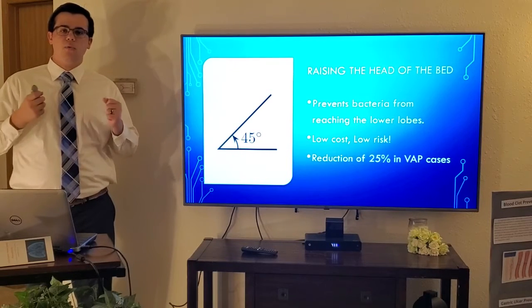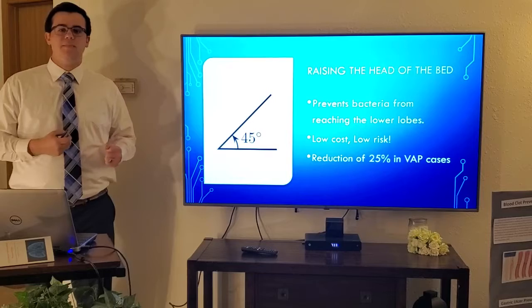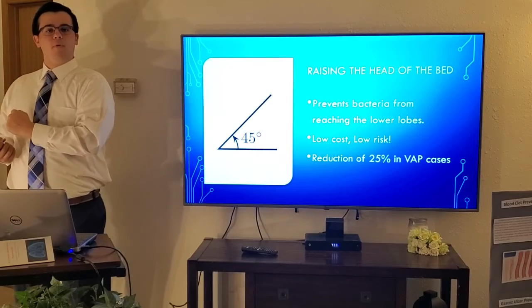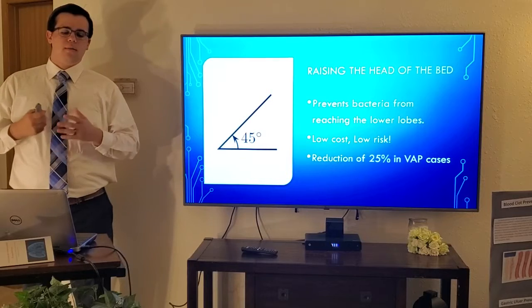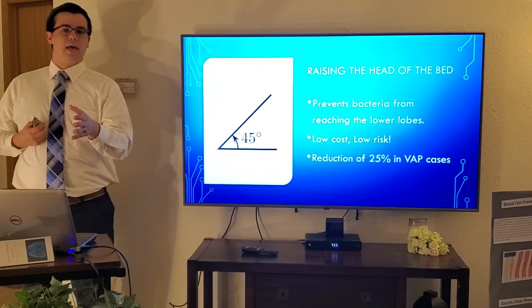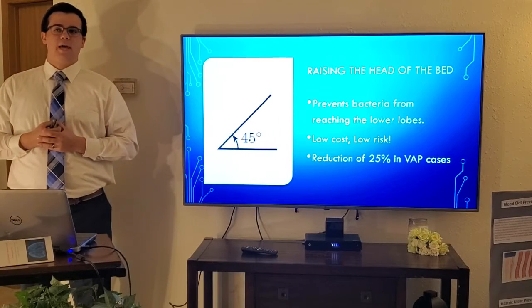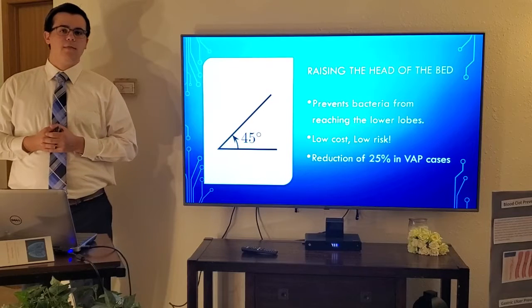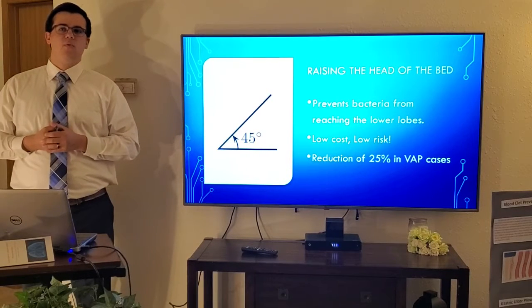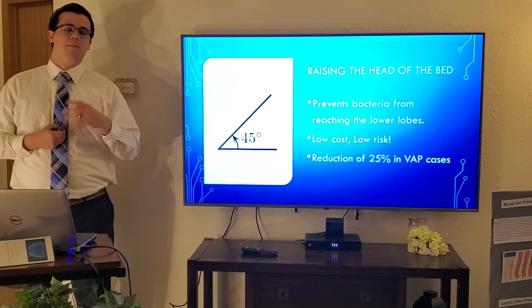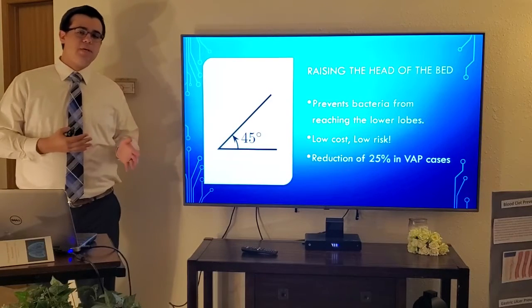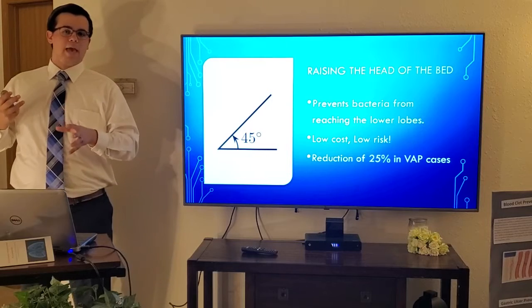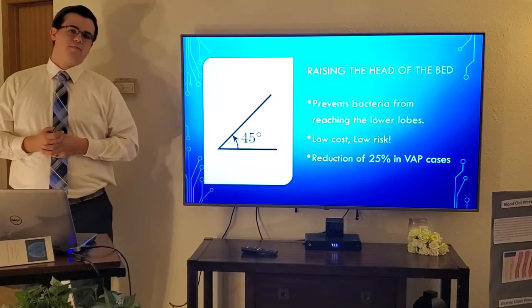We want it as high as possible for VAP, but it also has to be low for things like spinal injuries. Well, that's a discussion that the doctor will have with the nursing staff and with the residents, to determine the best angle at which the patient will not develop VAP, but also not have any complications from their spinal injury.